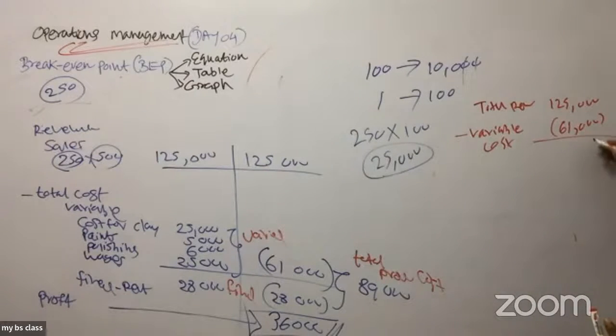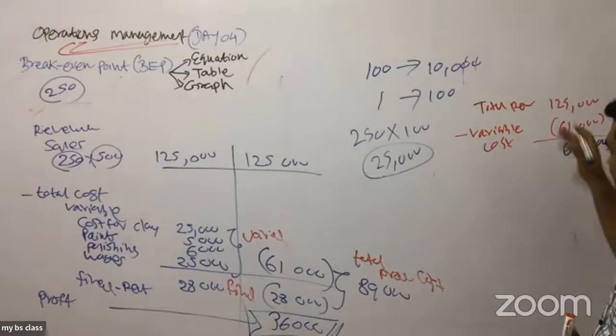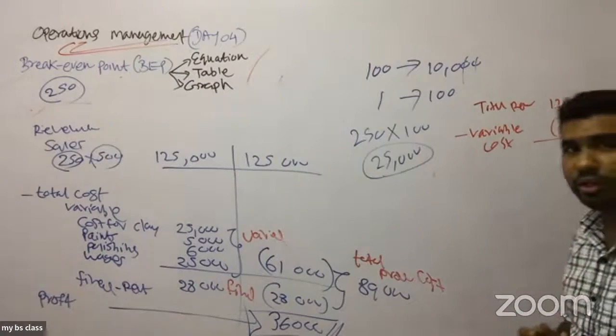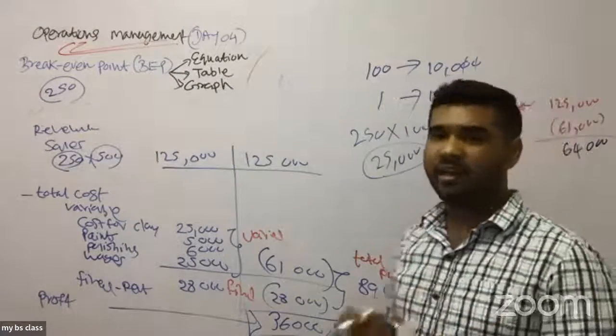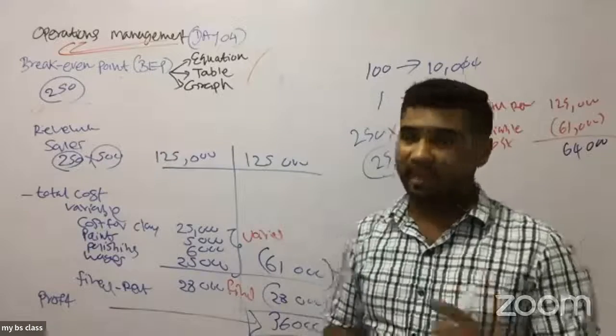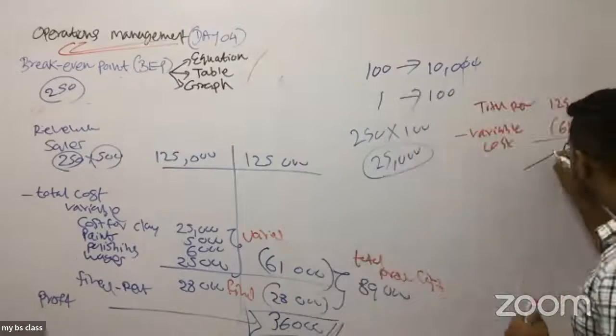So I get an answer like 64, am I correct? 64,000, which is from the total revenue you deduct only the variable cost.